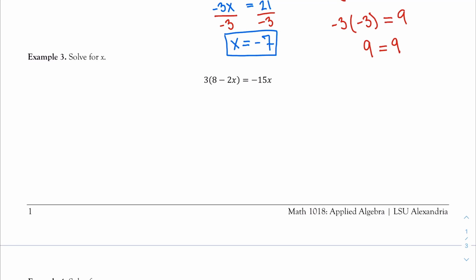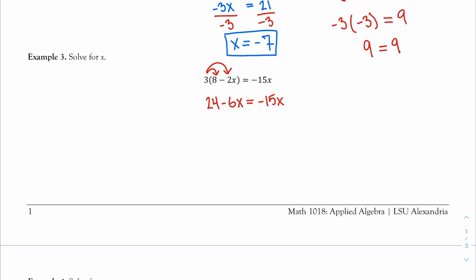Just like before, I'm going to distribute my 3 to both of these terms. 3 times 8 gives me 24. And then 3 times -2x, I get -6x. And this is equal to -15x. On the right, there wasn't really anything for me to clean up.